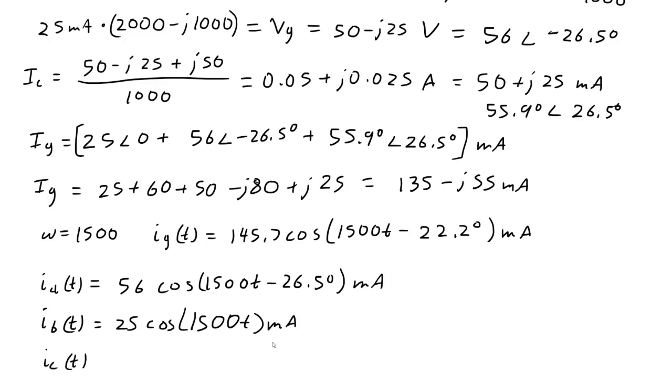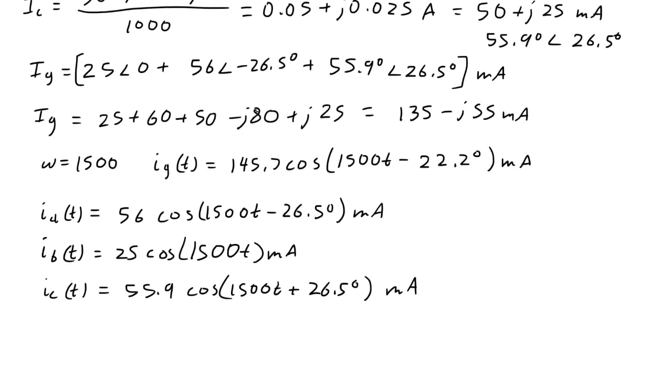And IC(t) is going to be 55.9 cosine 1500t plus 26.5 degrees milliamperes. So it's not too bad. Once you get it into the rectangular form, convert back to polar, find the magnitude, find the phase, do it for all of these, and use your formulas to convert back and forth.